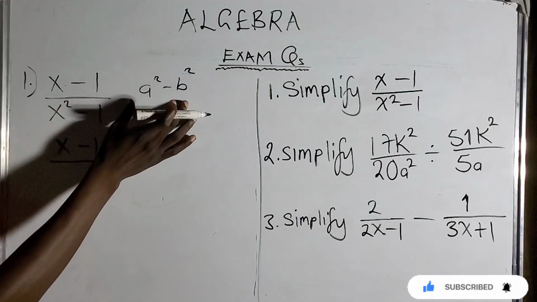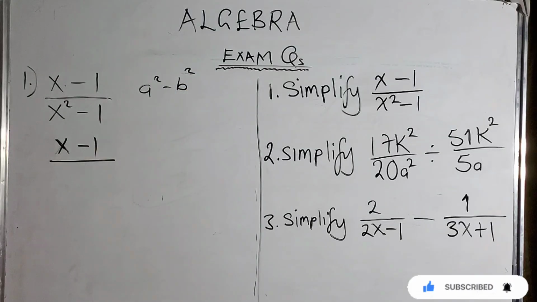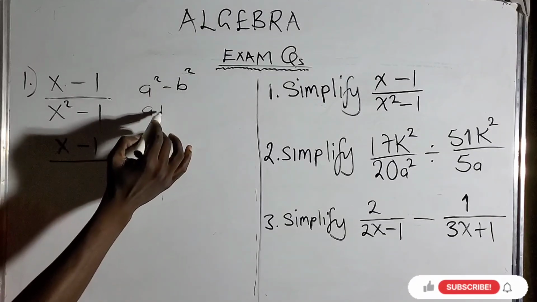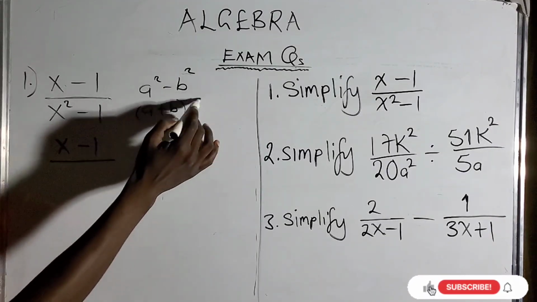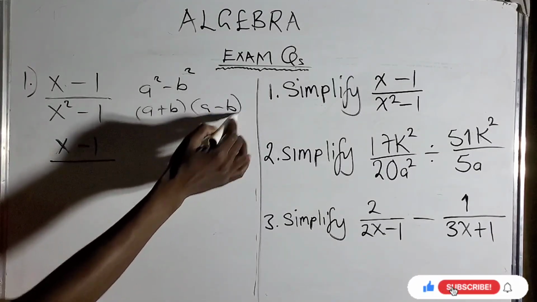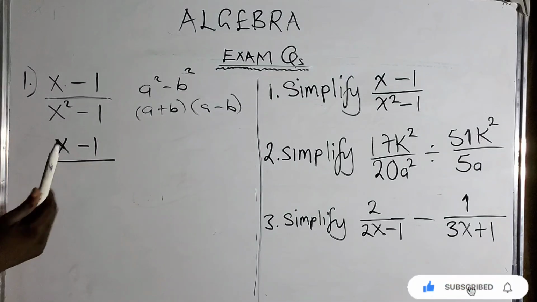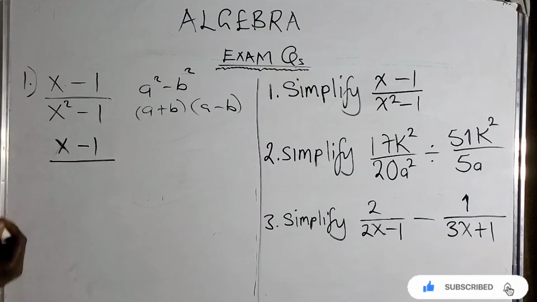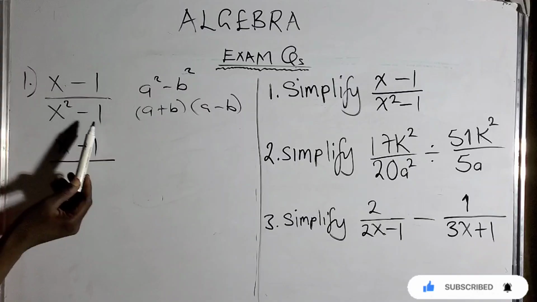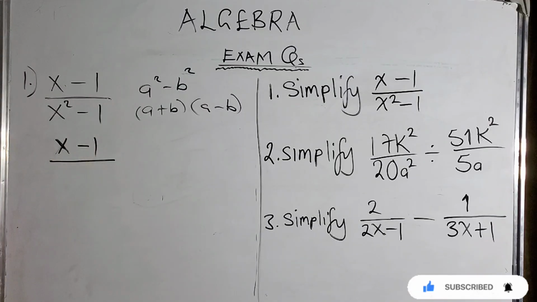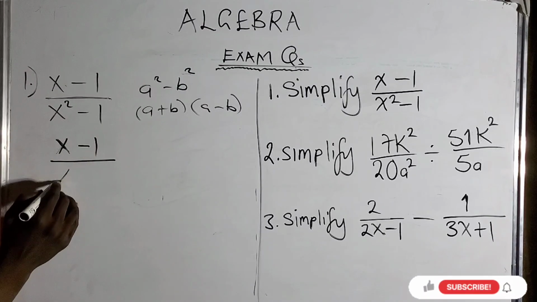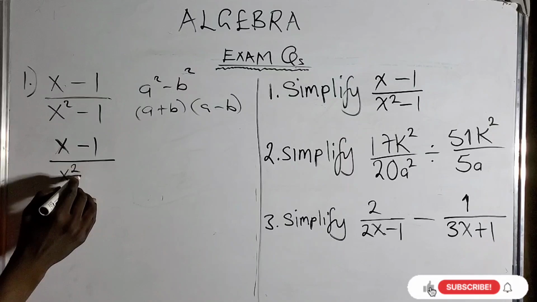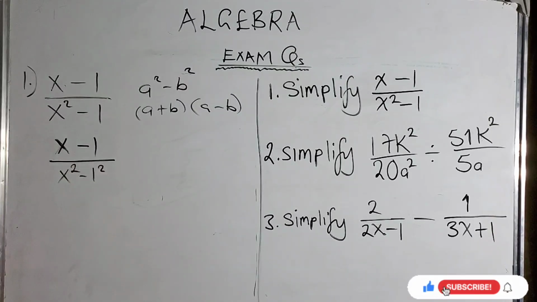Factorizing this will be a plus b in bracket a minus b. So this is exactly what we're going to do here, because x is squared and this 1 is the same as 1 squared. So this can also be written as x squared minus 1 squared.